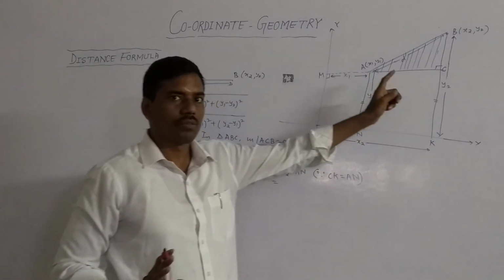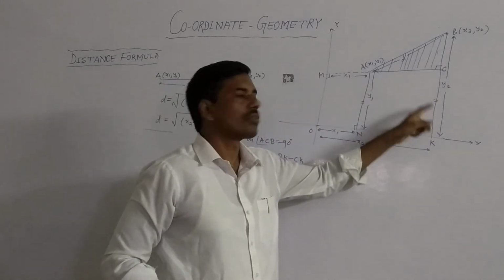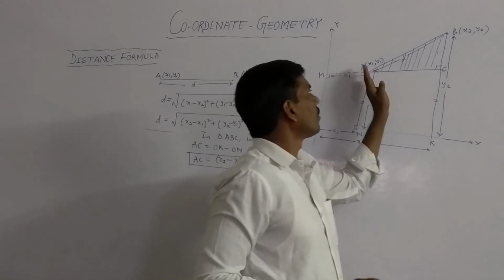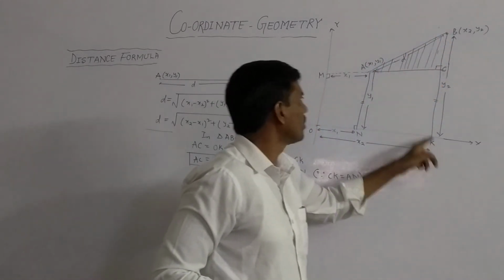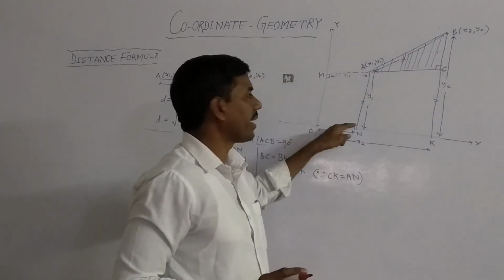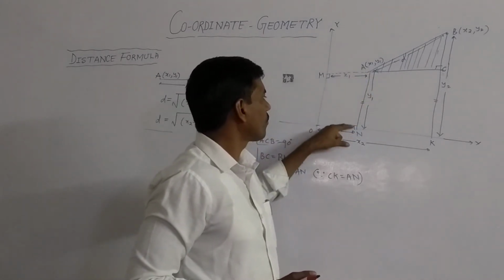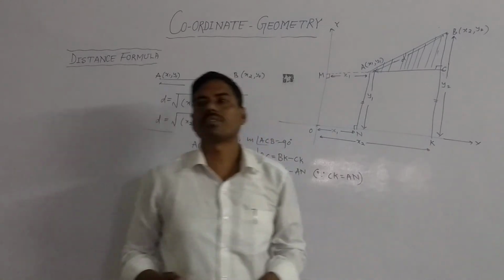Clear? Okay. Since AC is perpendicular to BC and BK is parallel to AN, the measurement of AN is equal to the measurement of CK.